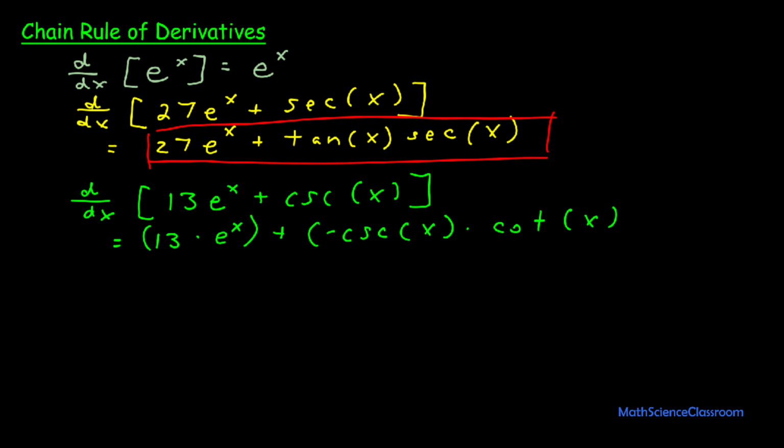Then the final answer equals 13 e to the x power minus cosecant x times cotangent x. Okay.